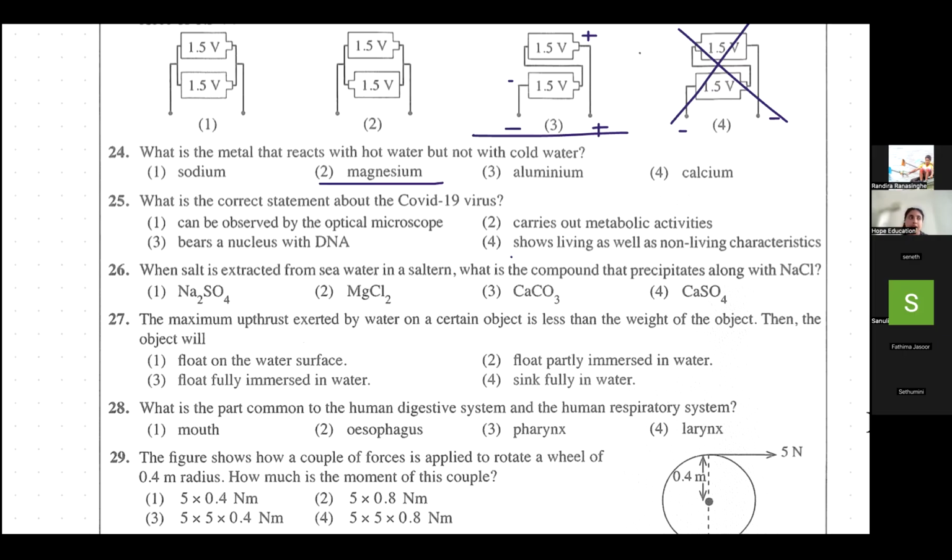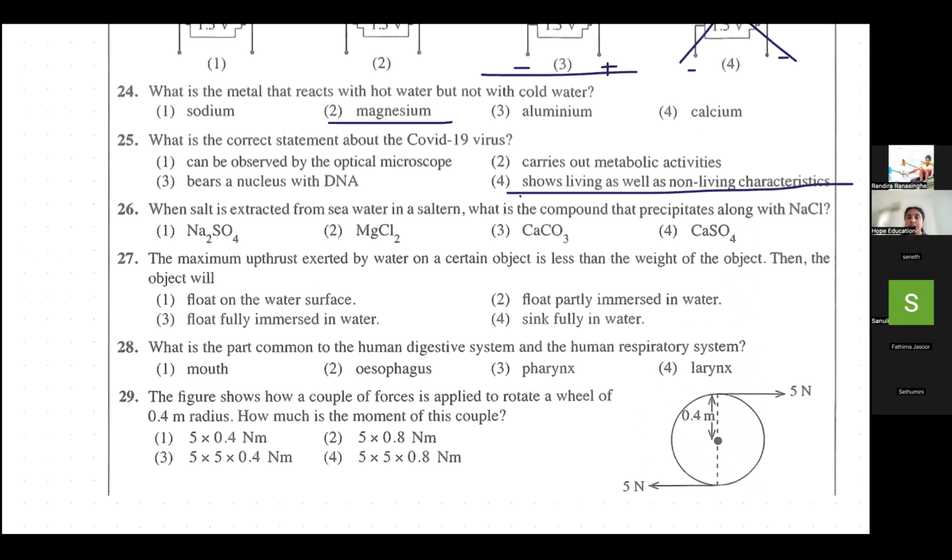Bears a nucleus with DNA? No way. Carries out metabolic activities? No. Shows living as well as non-living characteristics, that is the correct answer. When you take any virus, the only living characteristic it shows is reproduction.